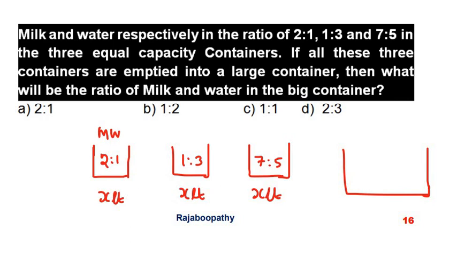Please note that, here it's going to be 3x liter. So what will be the ratio of milk and water in the new container? This is the question. There are 3 containers of the same capacity, but the milk and water ratios are different. If I pour everything into one container, in what ratio will the milk and water be?